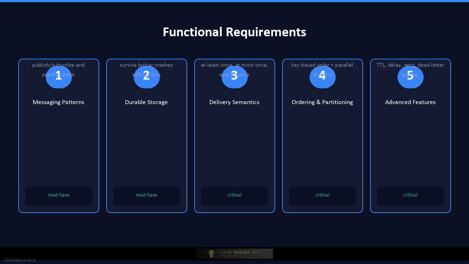Fourth, it must support ordering guarantees, partitioning, and consumer groups, so that related messages can be processed in sequence and work can be parallelized. Fifth, it must support advanced features like message TTL, delayed delivery, retry queues, and dead letter queues for handling poison messages. Sixth, the system must expose operational APIs for creating topics, managing partitions, monitoring consumer lag, and inspecting offsets.